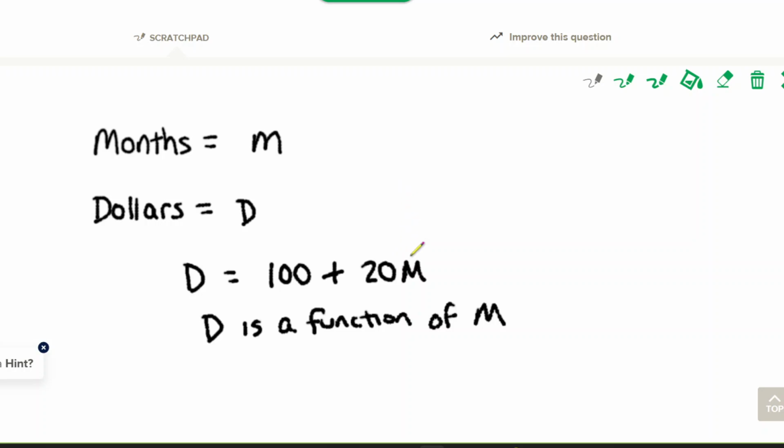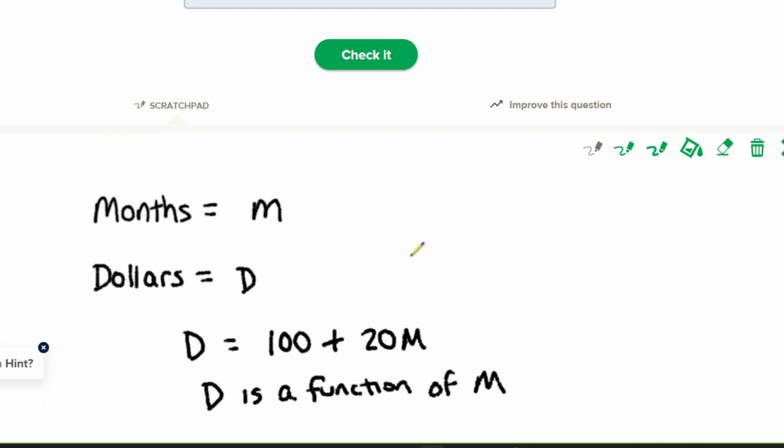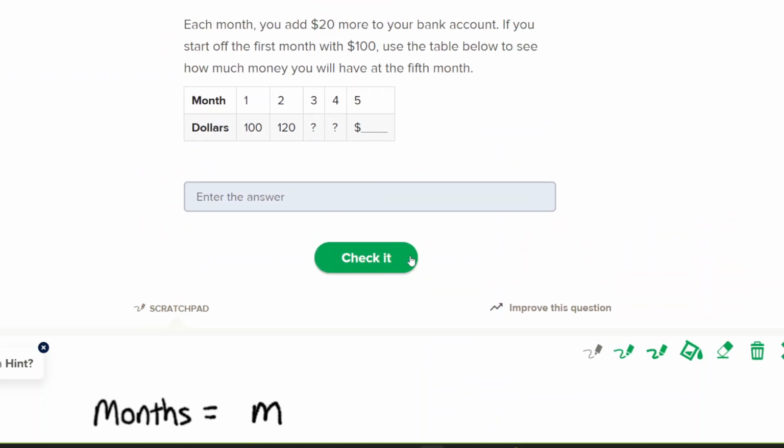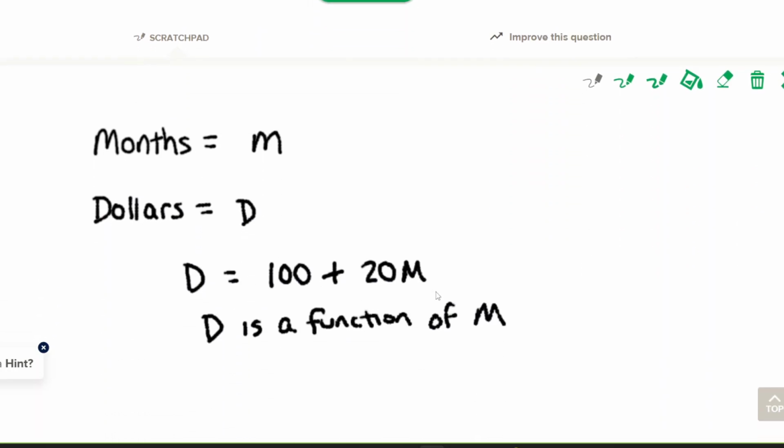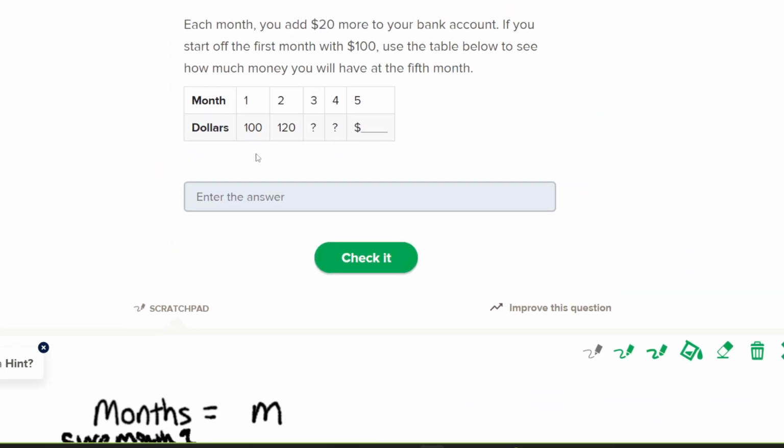And they want us to put in, ooh, you know what? If I did it this way, we'd have 100. So let's say the number of months since month one is M. Let's change that up to actually make this work out. Because if I put in 1 month here, it'll be 120, whereas in the first month, there was $100.